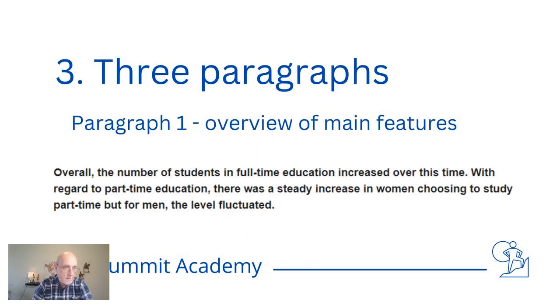And that's all I've written. It's a very short paragraph, only two sentences. So the idea, again, is don't write more than you have to. Just give a simple explanation and an overall summary of the main features.